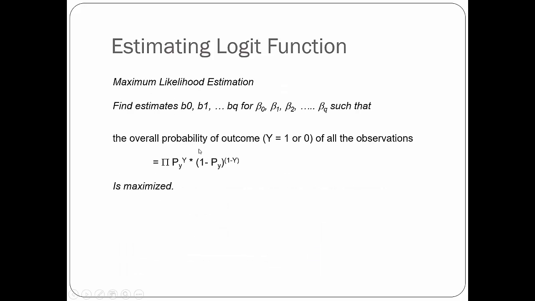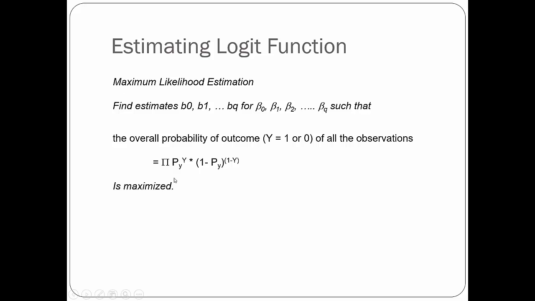Okay. So now we can define the maximum likelihood estimation in this fashion. We want to find the value of b sub 0 through b sub q as estimates for the beta coefficients such that the overall probability of outcome y, either 1 or 0, for all the observations is maximized.